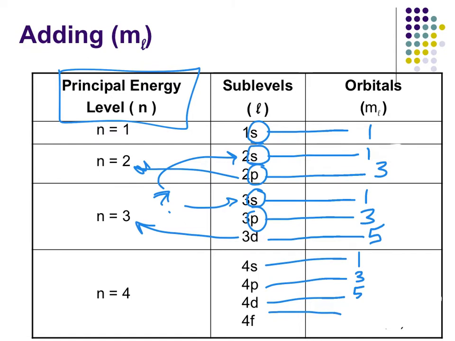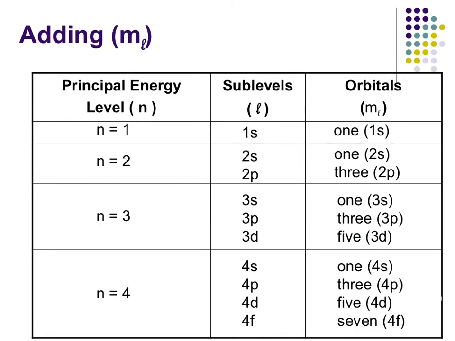If you remember the pattern, f comes as a set of 7. So to sum this up, the number of orbitals is solely dependent on the shape. S always has 1, P always has 3, D always has 5, and F always has 7. That is how those orbitals come, as a set of this given amount.